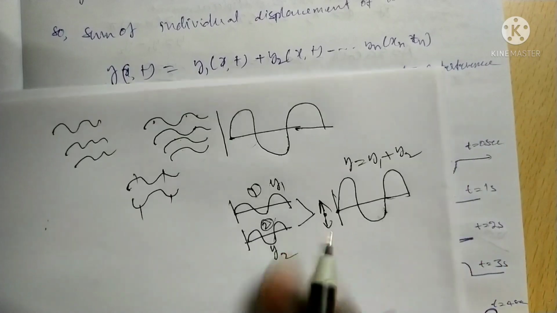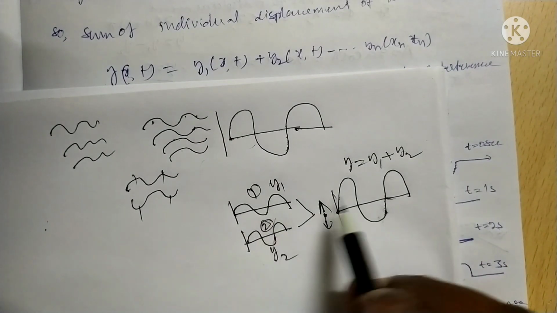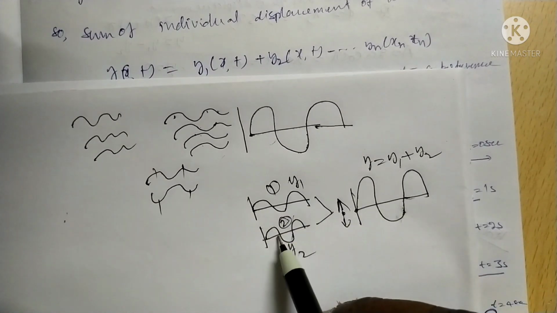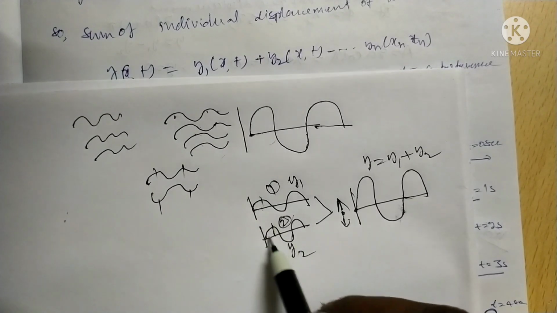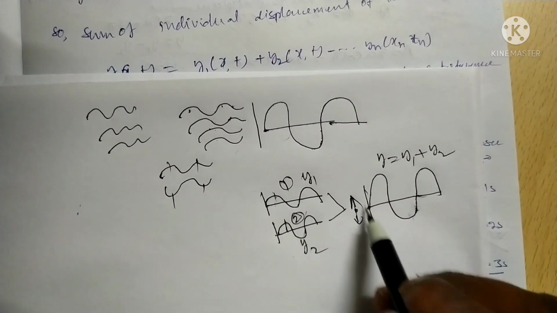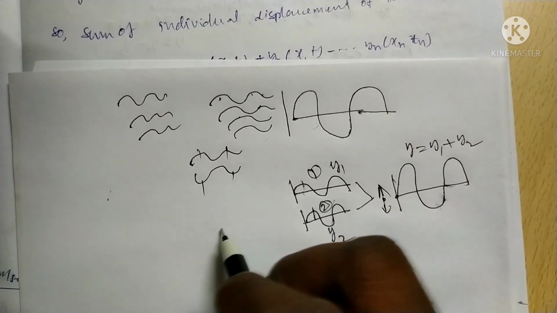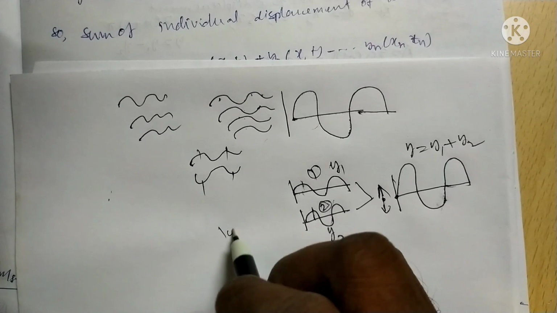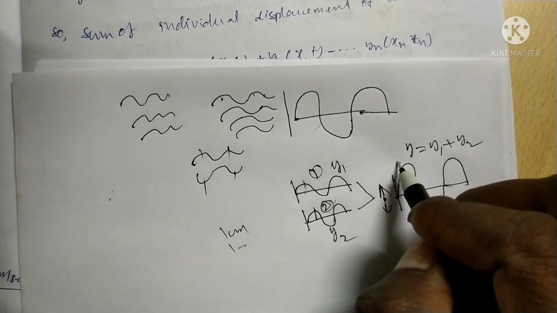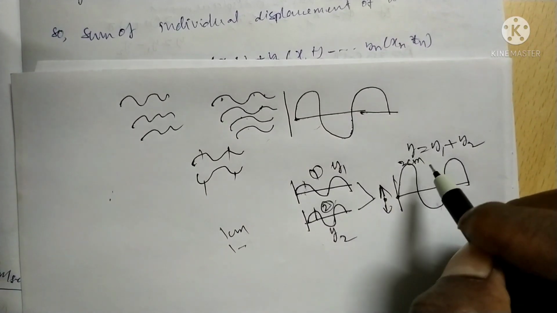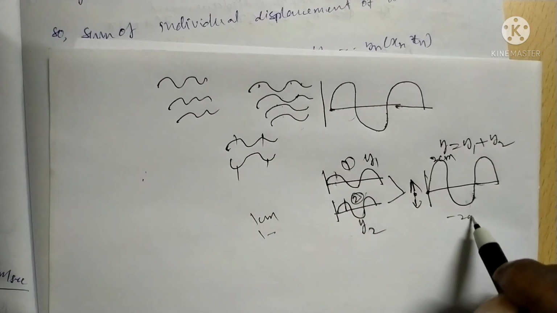Suppose only two waves are superposed. The resultant is like this: crest and crest are formed. Suppose this crest is 1 centimeter and this crest is 1 centimeter, then 1 plus 1, this amplitude is 2 centimeter, and similarly minus 2 centimeter on the other side.